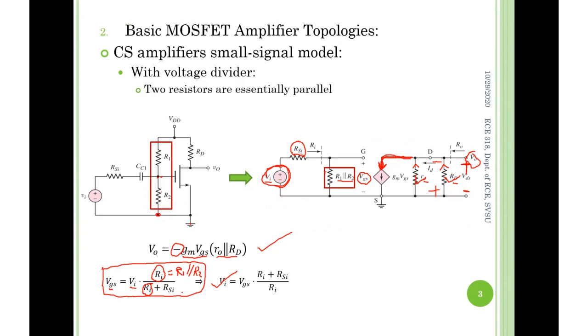How many unknowns? Two equations. How many unknowns now? Of course, we are assuming all of the resistances as known, as something given. How many unknowns? 3 unknowns, right? What are they? V0, VGS, and VI. 3 unknowns, 2 equations.